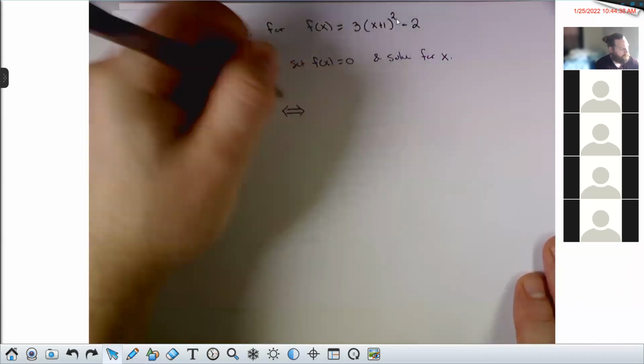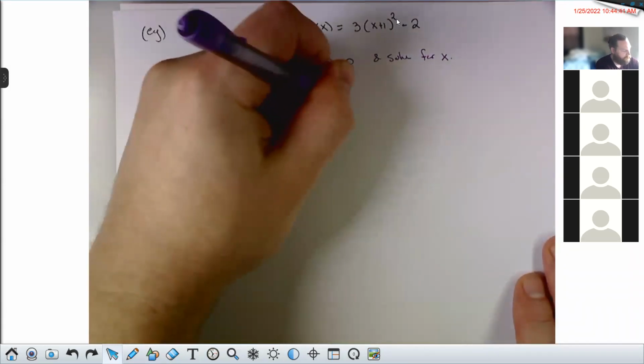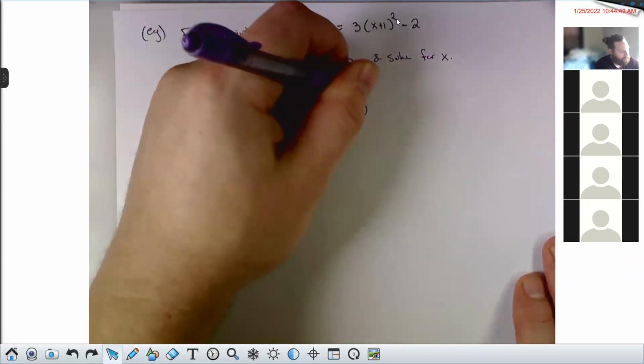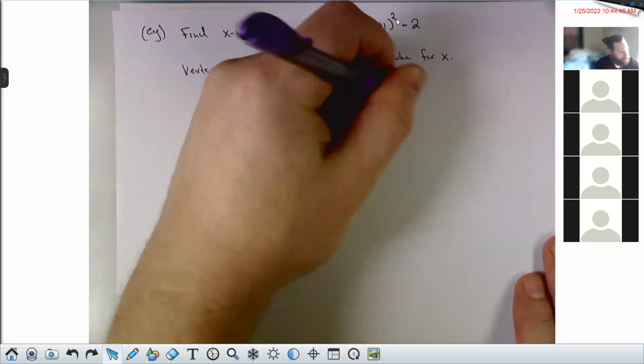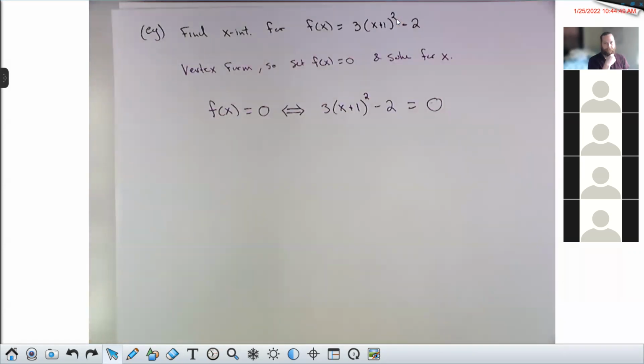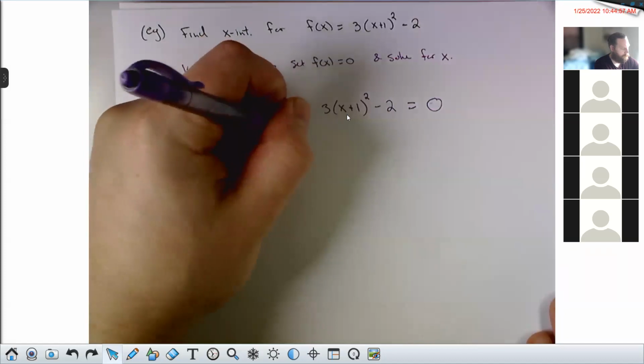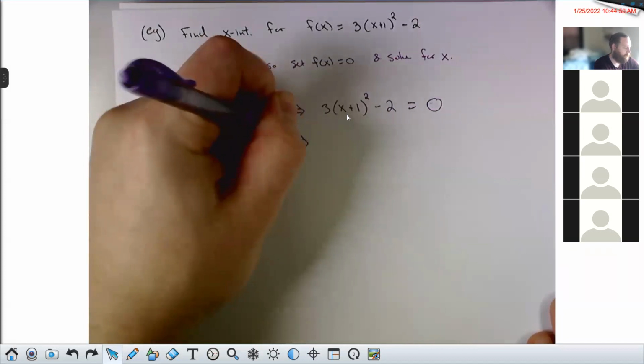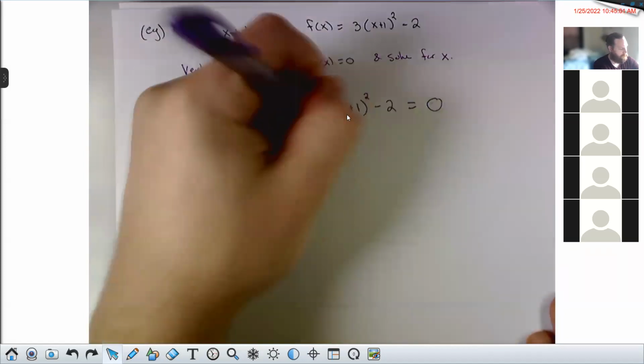No fancy tricks. So f of x is 3 times (x plus 1) all squared minus 2. And I'm going to set that equal to 0. My aim is to get this x alone. So I'm going to start by adding 2 to both sides.